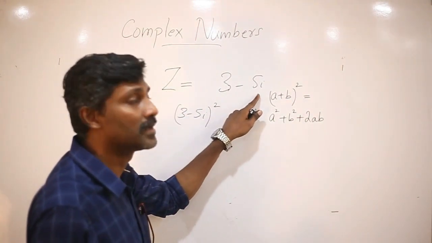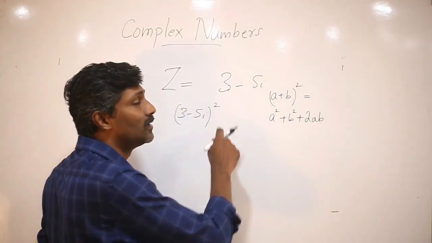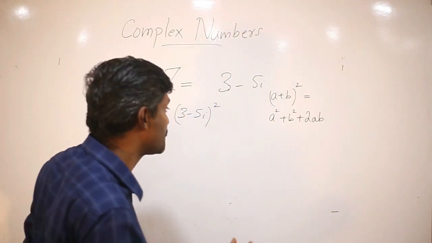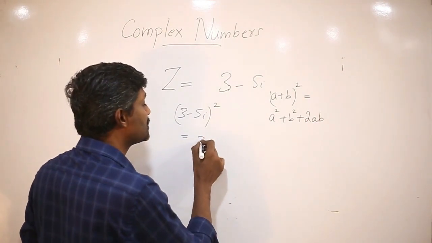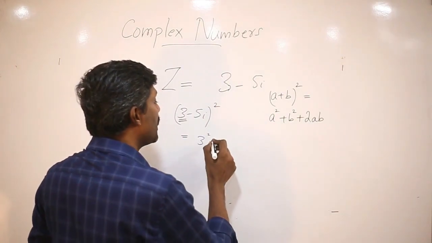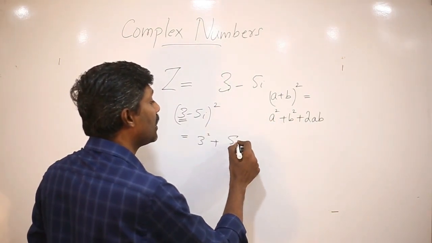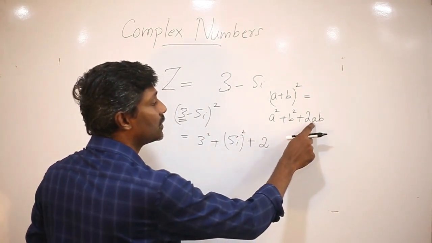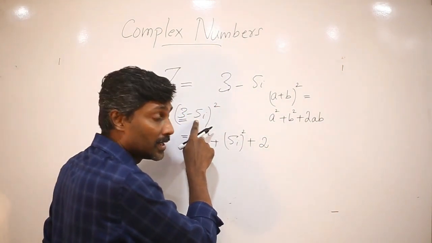We have 3 minus 5i the whole square. So instead of a we have 3 here, and instead of b we have minus 5i. That's all we have to substitute. So this becomes a square, that is 3 square, plus b square, that is plus minus 5i the whole square, plus 2ab, that is the product of a and b, product of 3 and minus 5i.